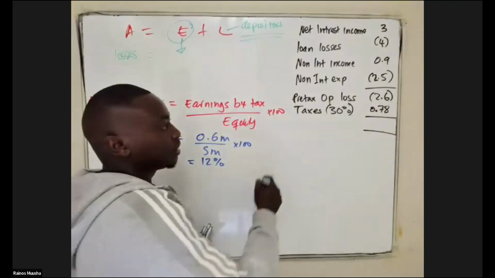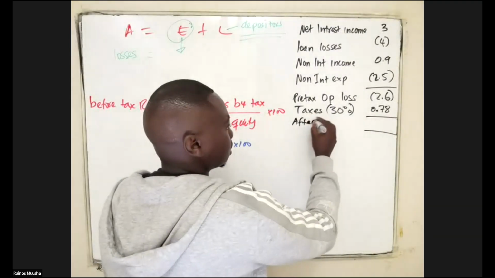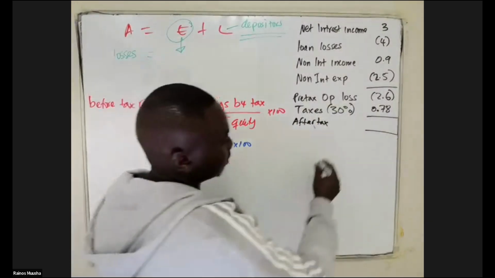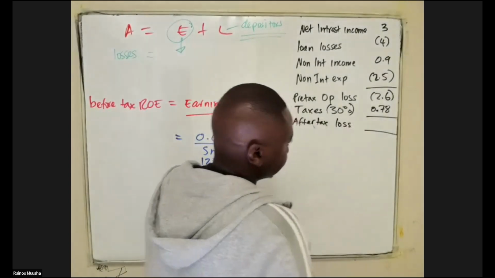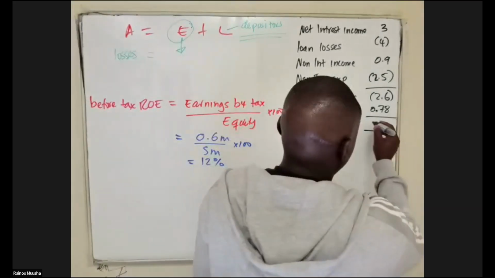So our after tax loss is going to be equal to how much? It's 1.82. So our after tax loss will be equal to 1.82 million.